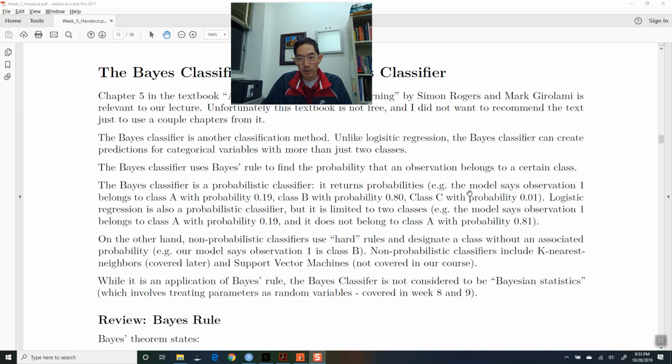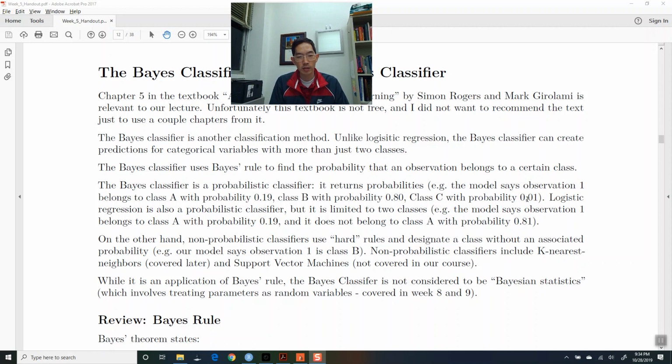So if you have three categories, it might say class A with probability 0.19, class B with probability 0.8, and class C with probability 0.01. Everything has to add up to 1.